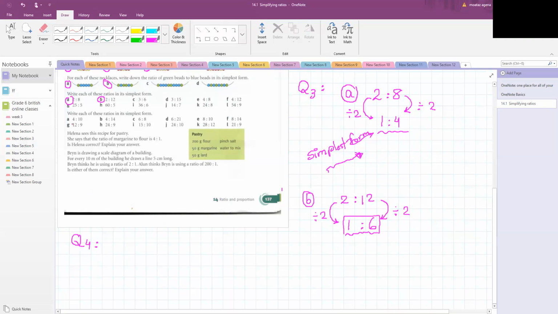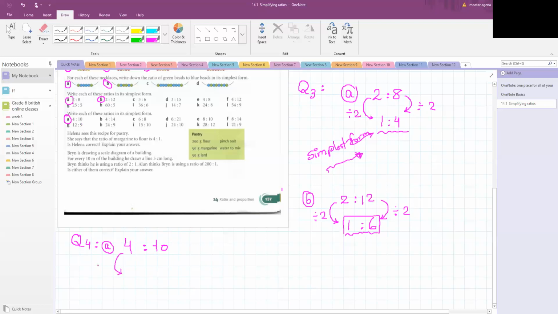Okay, question 4. Let's take letter A also. Letter A, 4 to 10. What is the highest common factor between 4 and 10? Yeah, I hear somebody said 2. Excellent.